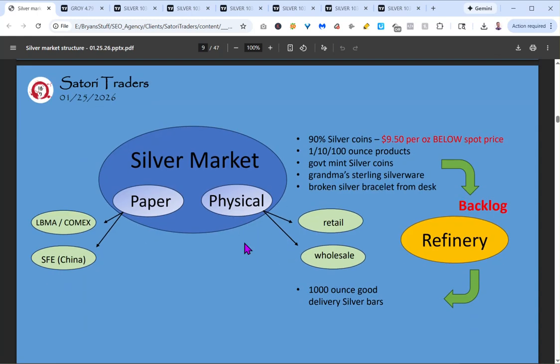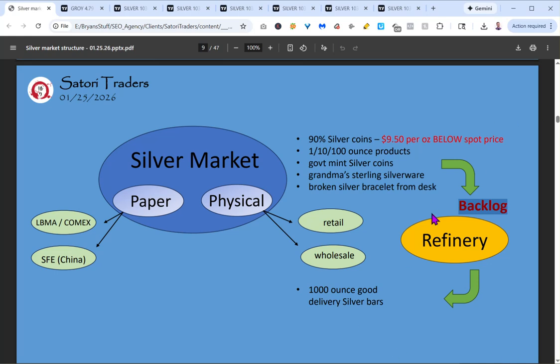And right now, those refineries across the world, doesn't matter where you want to talk about, are backlogged. That's one of the things going on in the physical markets right now, and it affects the paper markets, but we won't go there.